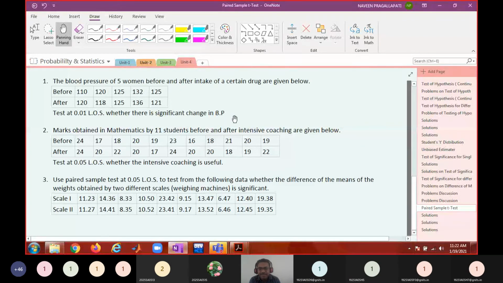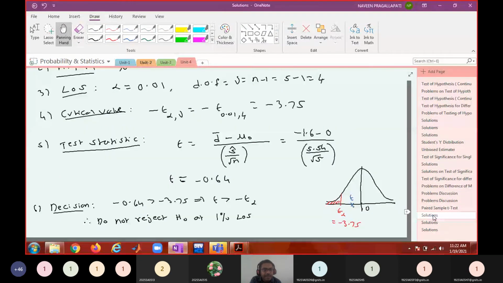See, in the previous problem we should have a decrease in the data. When there is a decrease in the data, then the mean must be positive, right? But in the previous problem you got a negative mean.